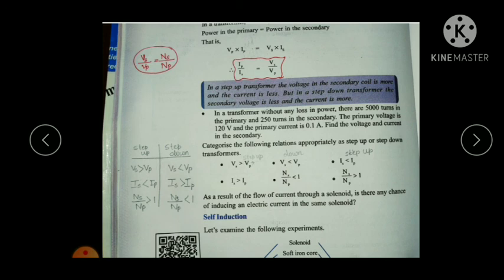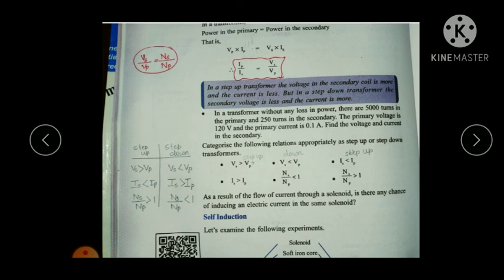A transformer is a device for increasing or decreasing the voltage of an AC. Then there are two types of transformers, step-up transformer and step-down transformer. Step-up transformer is used for increasing the voltage of AC, while step-down transformer is used for decreasing the voltage of AC.